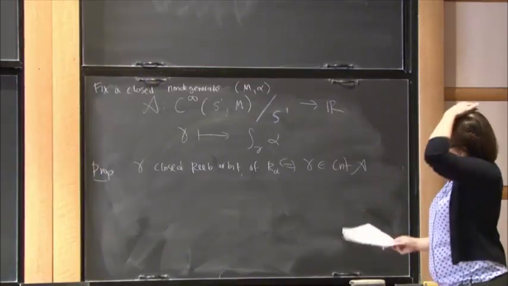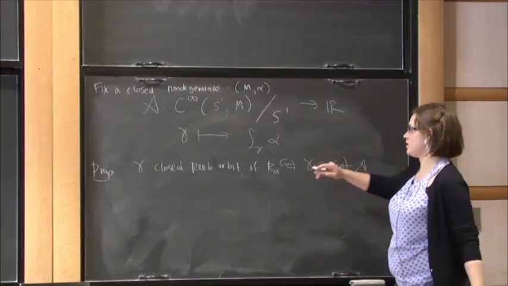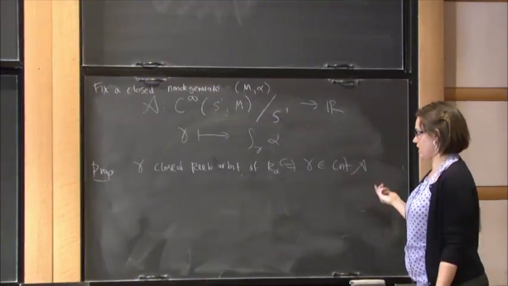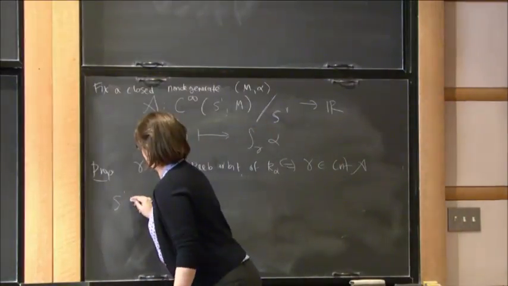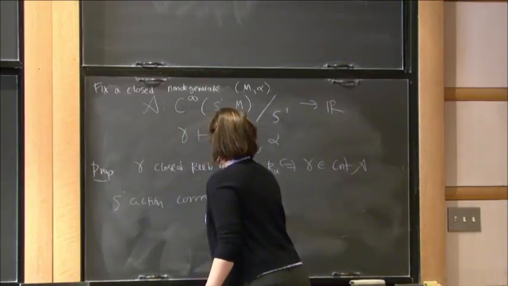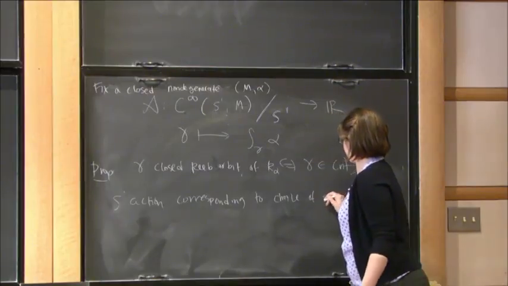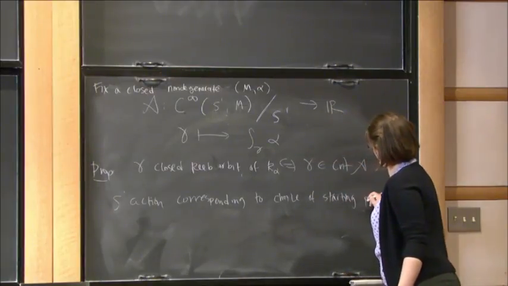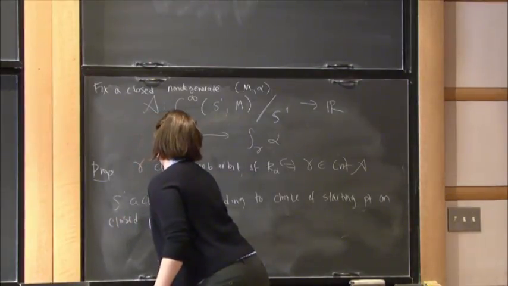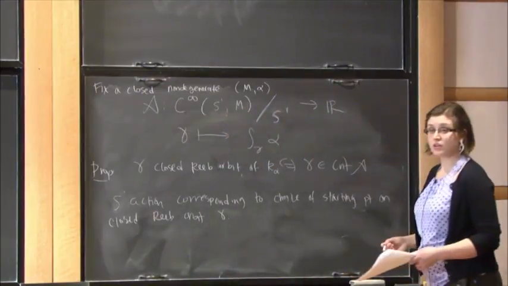Okay, and the reason why there's this secret, it's not really so secret, but you need to mod out by an S¹ action, corresponding to the starting point on your closed Reeb orbit γ.